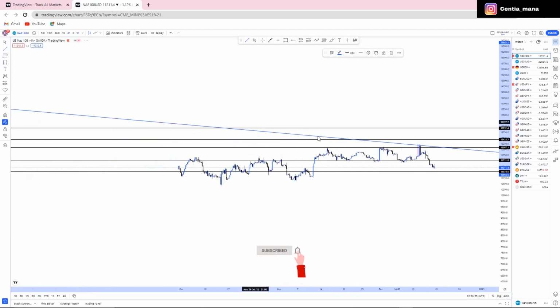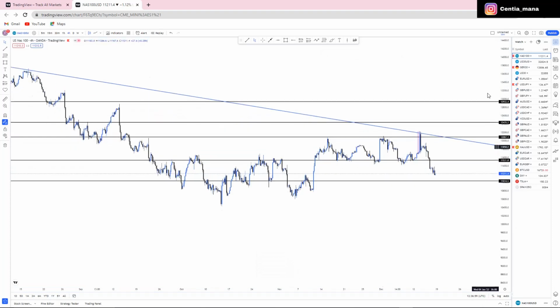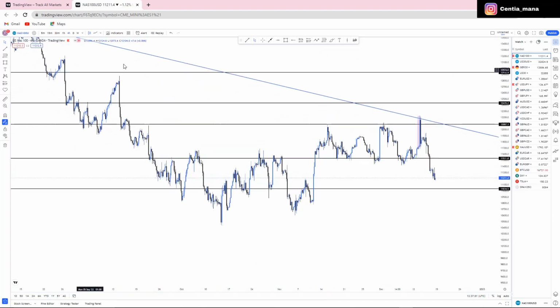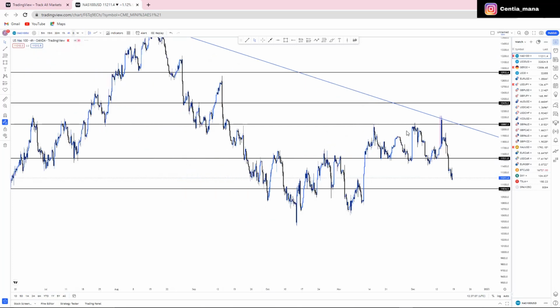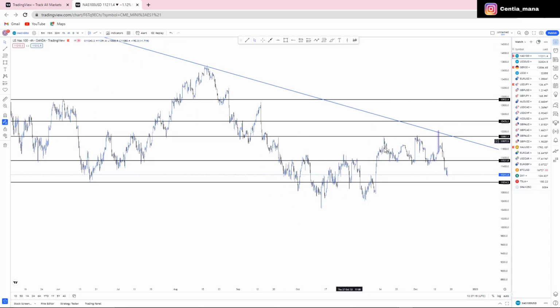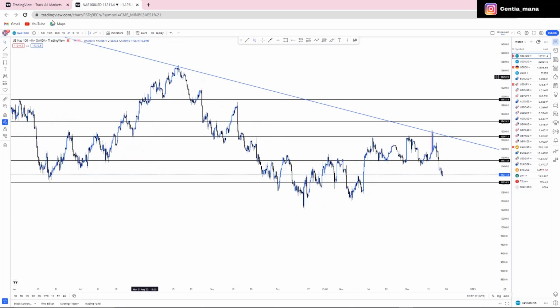Okay, so let's go here to the 4-hour time frame. This is the 4-hour time frame, right? So I was able to figure out this on the weekly time frame. And of course, I might have used the daily time frame to look for some tweaks here and there. But right now, it's just from the weekly to the 4-hour time frame.